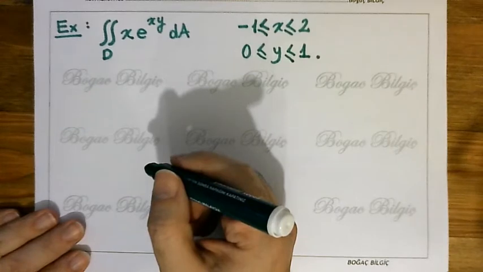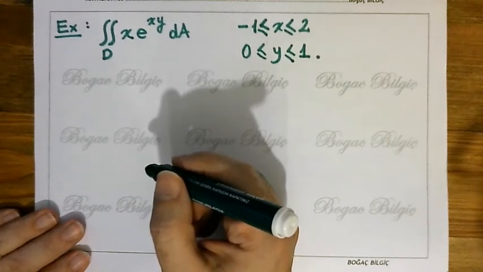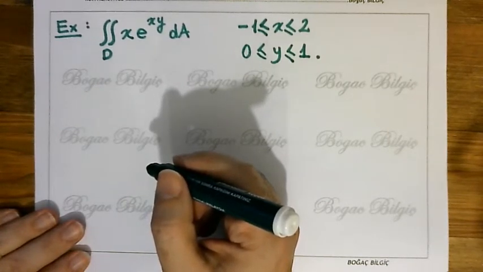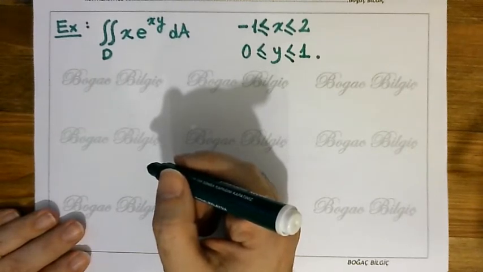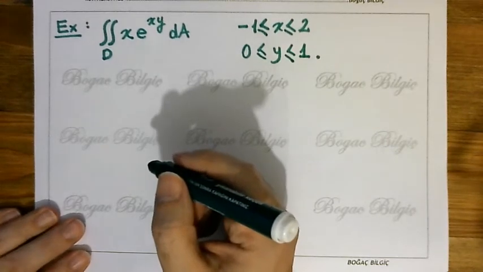While we can technically integrate with respect to either variable first, in this case it will be significantly easier to integrate with respect to y first, as we will see.